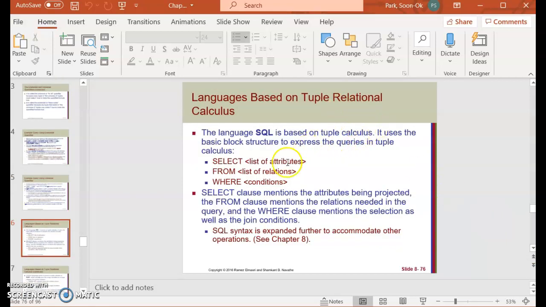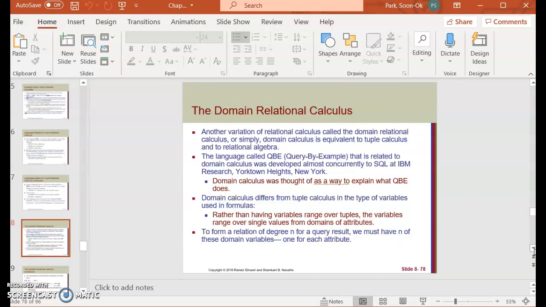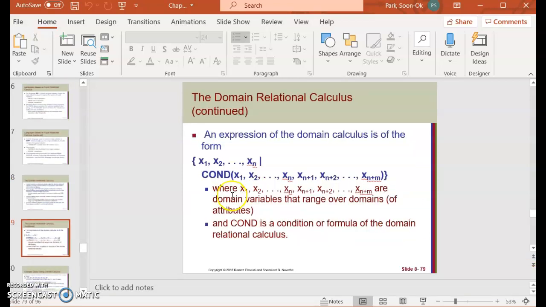Tuple calculus later influenced the design of SQL, with select, from, where, and the range of query languages designed from tuple calculus. Now domain calculus focuses on domains.